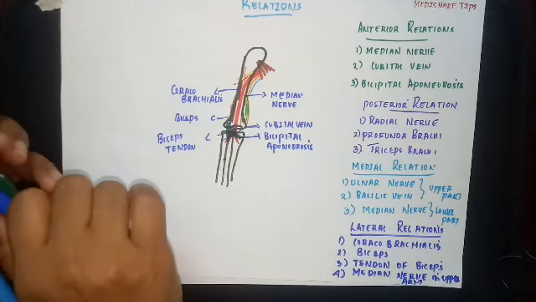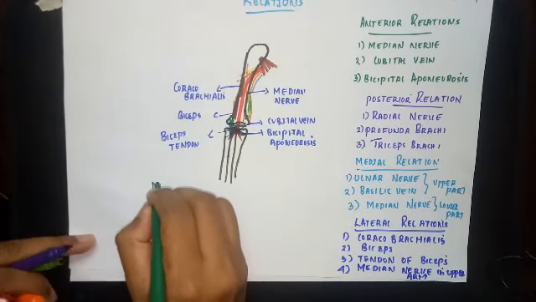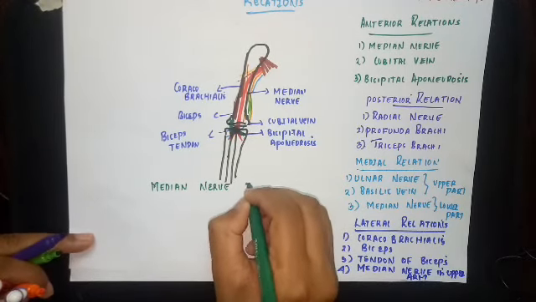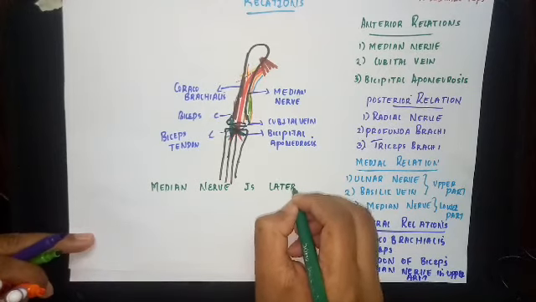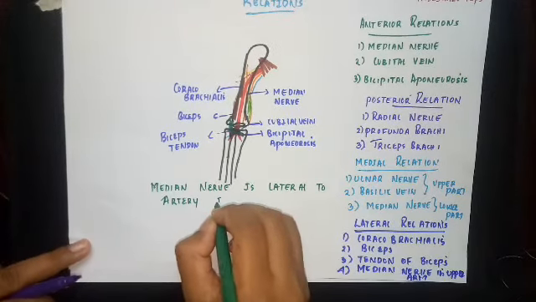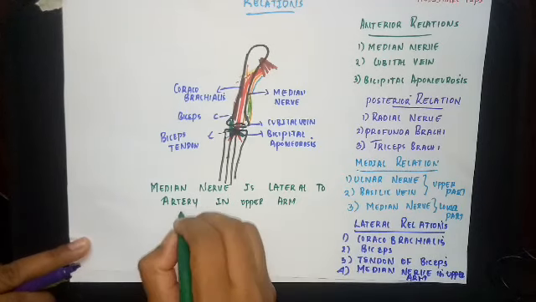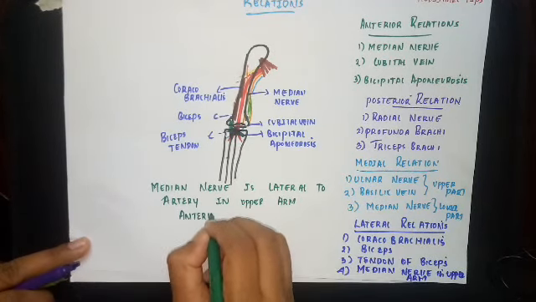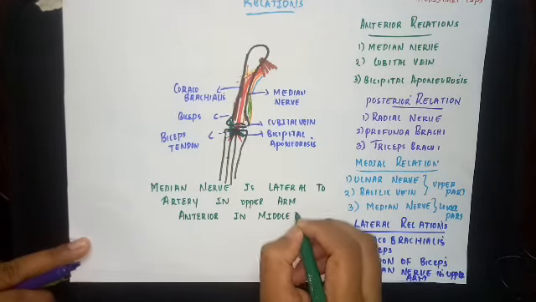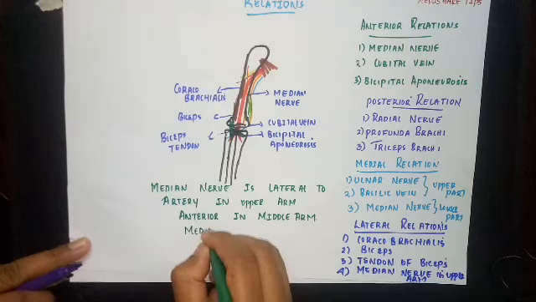So these are the relations of the artery. The one thing which has to be noted is that the median nerve is lateral to the artery in the upper arm, anterior to the artery in the middle arm, and medial to the artery in the lower arm.